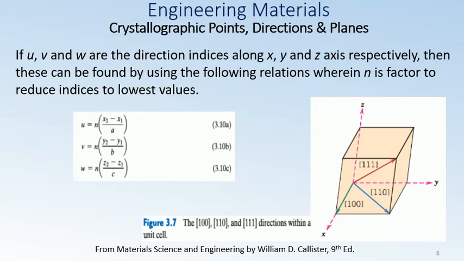So again, you need to use, for example, u along the x-axis. Of course, you start from the origin and then go to the final point. The final point is x2, the initial point is x1. x1 has 0 0 0 coordinates and x2 is just along the x-axis. So you have point coordinates at x2 along the x-axis, the edge length.